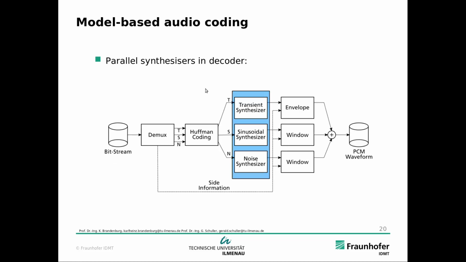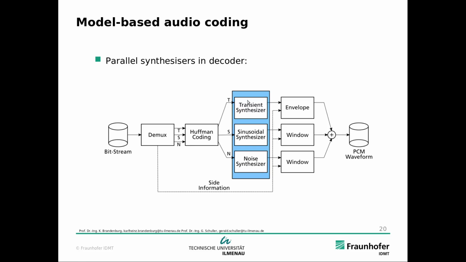Yeah, and this is then the decoder. Here we receive the bit stream. Here we have the demultiplexer. Then we have the noise, the sinusoids, and the transients, the temporal shape. This should be, I guess, the Huffman decoding.